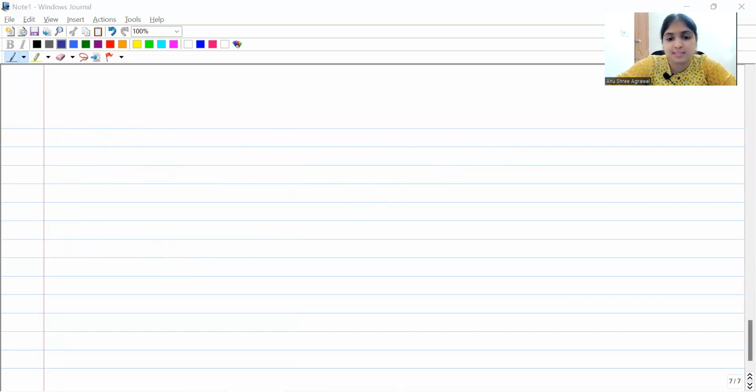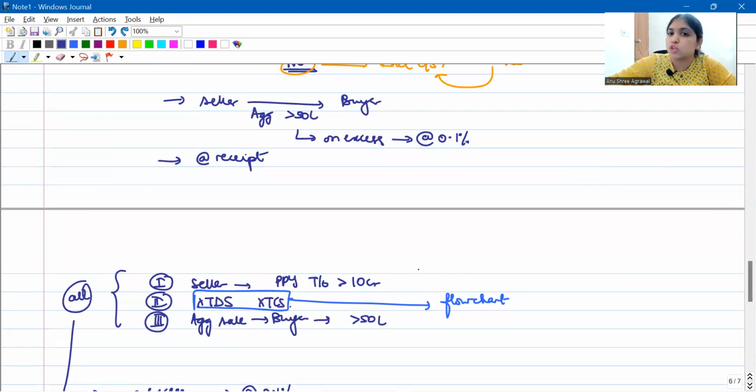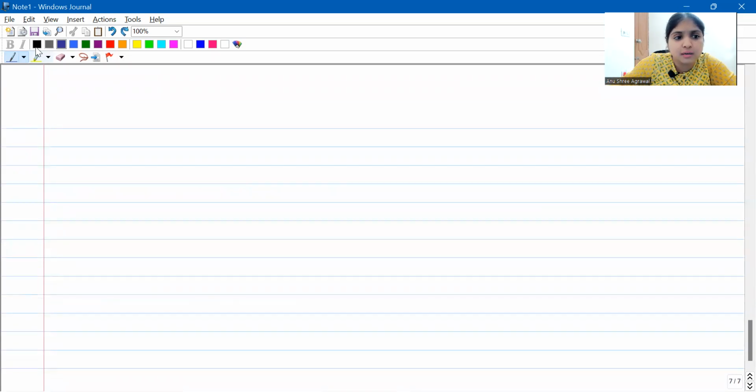Before I close 206C1H, let me discuss this flowchart with you. This flowchart is something which you can blindly apply in the examination, guys. It is going to make things a lot better for us. Listen, when we have too many things to remember, always remember this: when you have too many things to learn, condense it for yourself on one single page in the form of some diagram or flowchart.